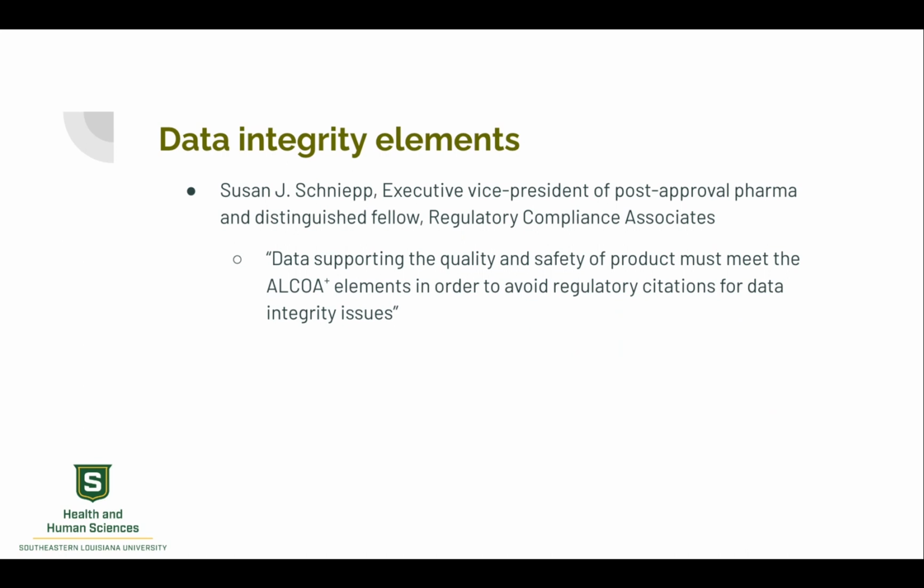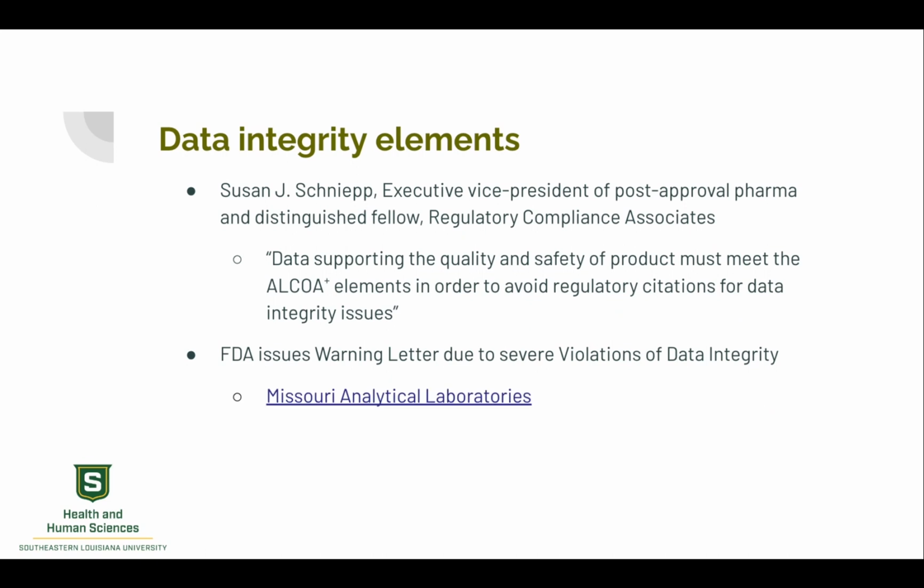And by regulatory citation, I mean a situation whereby a warning letter is sent for violation of data integrity. There are a couple of examples in which the FDA has issued such warning letters. We have these two companies. The links to these warning letters are included in the citation, just in case you want to know a bit more about what happened in the situation.